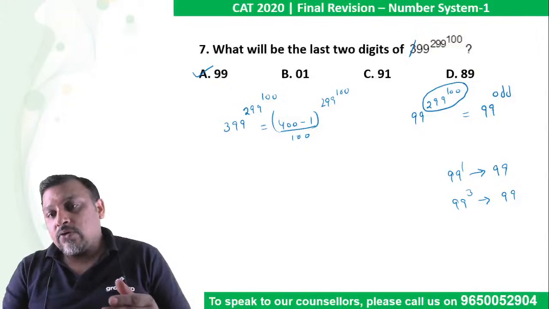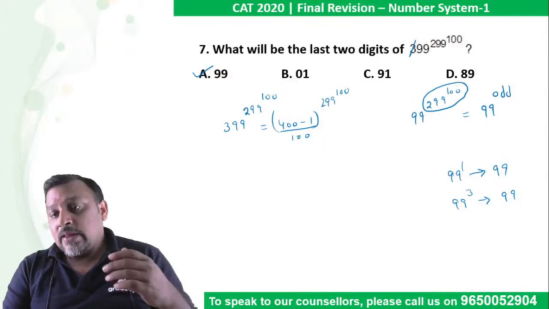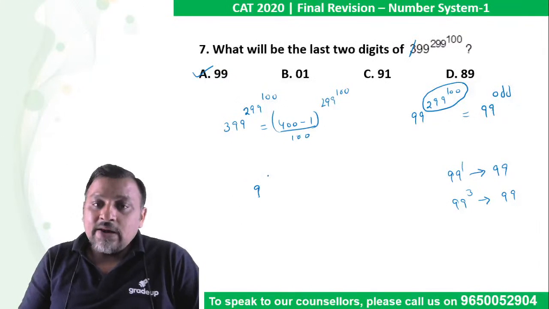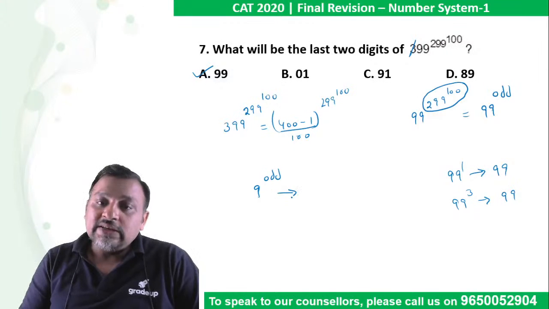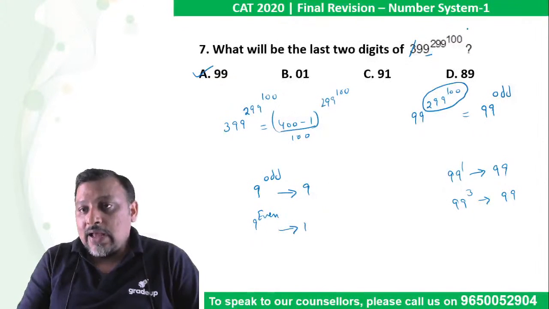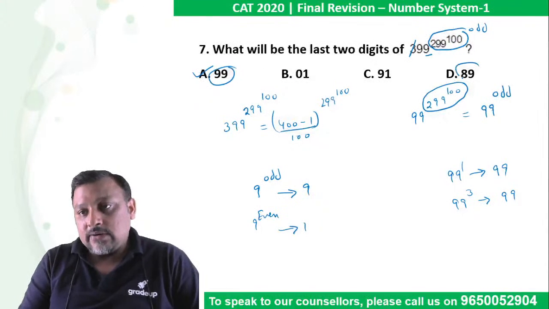See Manoj, how can you find the last 2 digits if you use the concept of last digit? Even if I use the concept of last digit, we know 9 raised to an odd power always ends with 9 and 9 raised to an even power always ends with 1. So here we have 9 and this is an odd power, so the answer can be either 99 or 89.